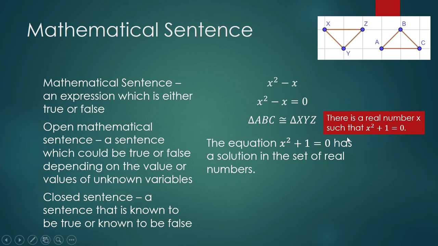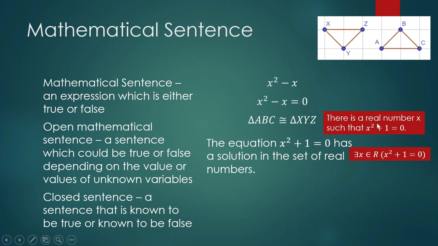But of course, this one is a false mathematical sentence, so it is a closed sentence. But you can even improve this sentence so that it is written in the language that is truly mathematical. How do you write it? Well, this is how you write it. There is a real number x.